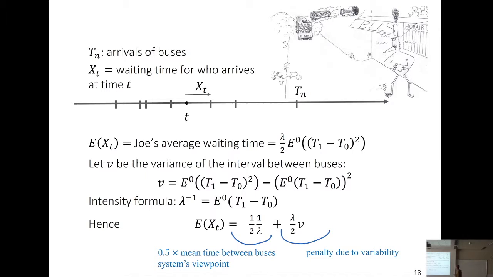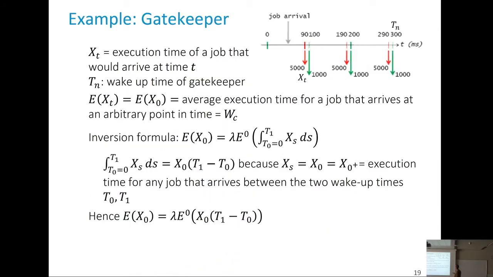We can apply the same to the gatekeeper example we saw before, in the example of a multi-core or multiprocessor system that had a gatekeeper that decides which job gets dispatched to which processor. And then we can call xt the execution time for a job that arrives at an arbitrary point in time, the execution of a job that arrives at time t.